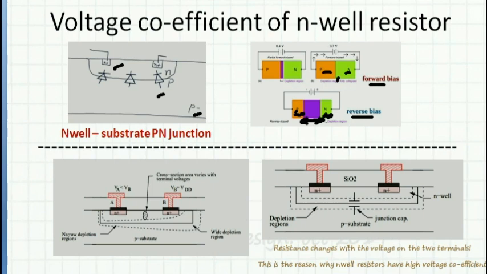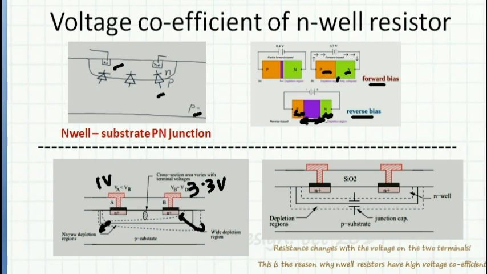In the same way, when I have a resistor here and this is connected to say 3.3 volts and this is connected to say 1 volt, the depletion region very close to the 3.3 volt contact is very high, and the depletion region at the other contact, which is at 1 volt potential, has a reverse bias of minus 1 volt, and it has a narrower depletion region.